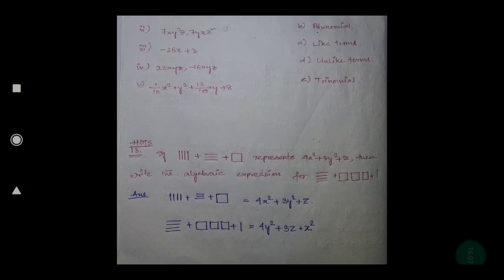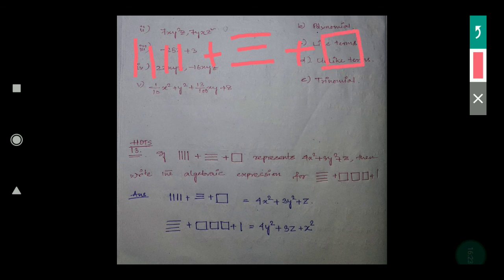13 number C. Here it is given plus this one, then one box. This represents that in the question it is given 4x square, then 3y square, then z.